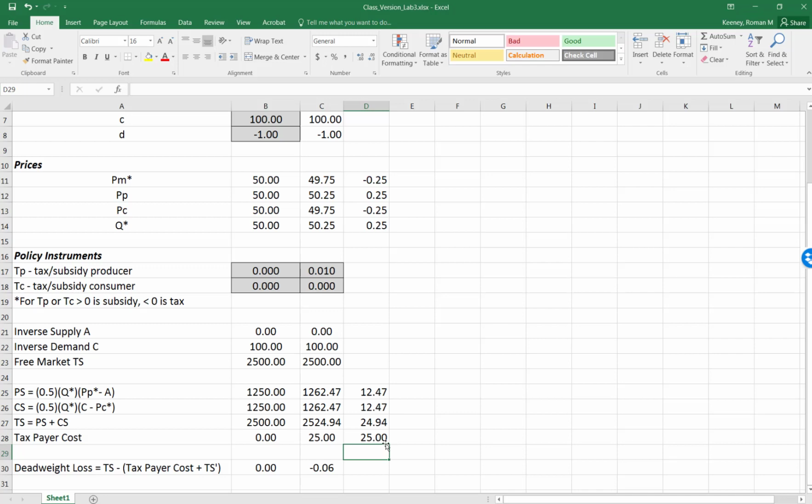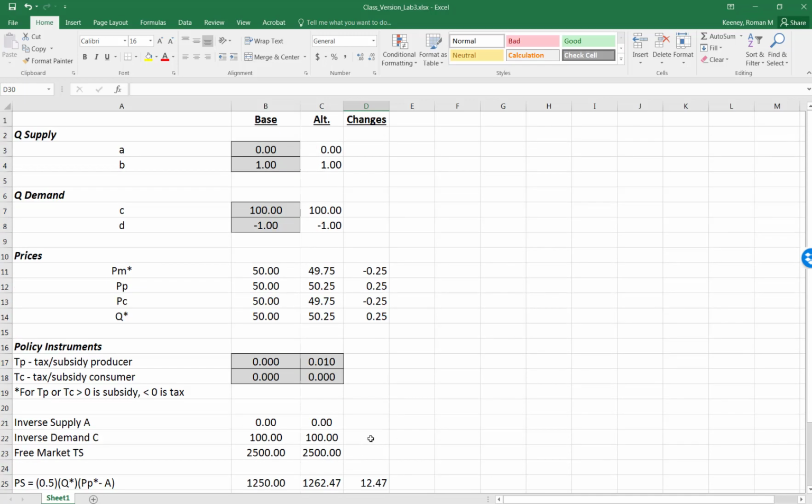So taxpayer costs go up by 25, total surplus only goes up by 24.94. That is your inefficiency, and that would give us this deadweight loss down here that you were looking for. Okay, I think that finishes building our spreadsheet.